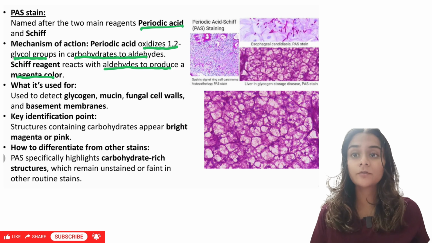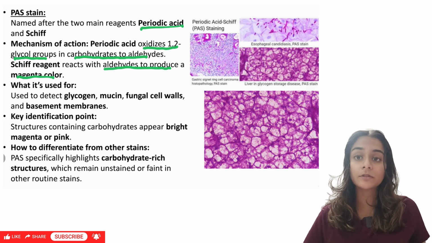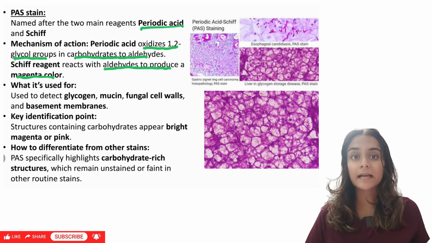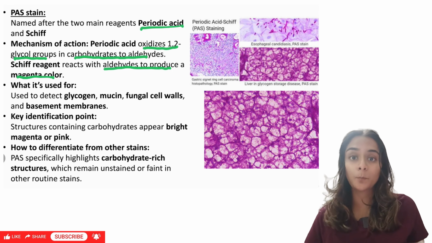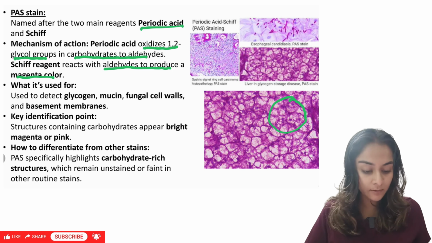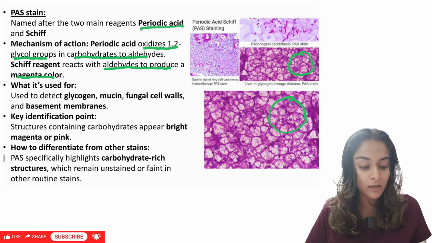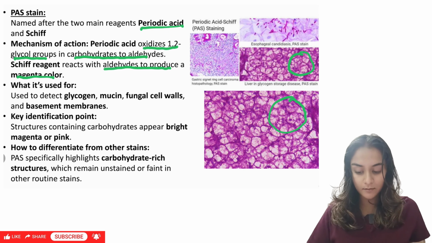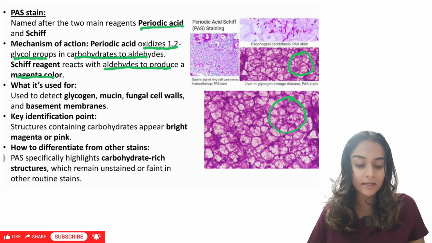So in the slide of this stain, you will usually see it is magenta or pink in color, while that of hematoxylin will have both pink and purple. But the majority of your PAS stain, as we can appreciate over here, is magenta or pink in color, as it represents the carbohydrates that are present.